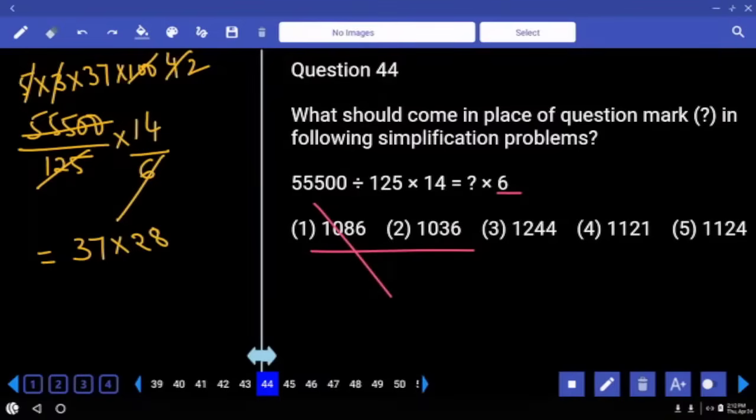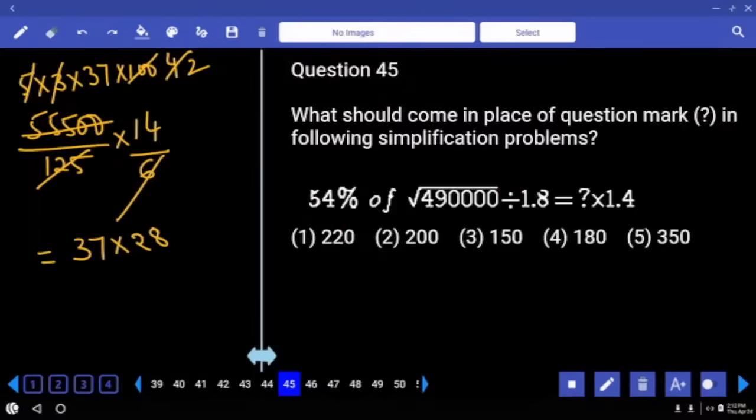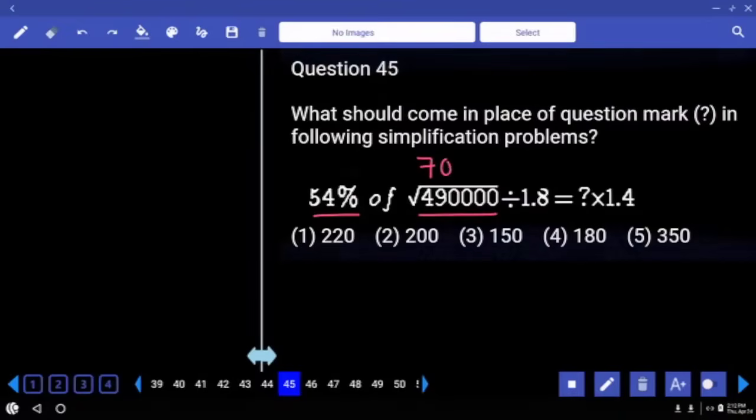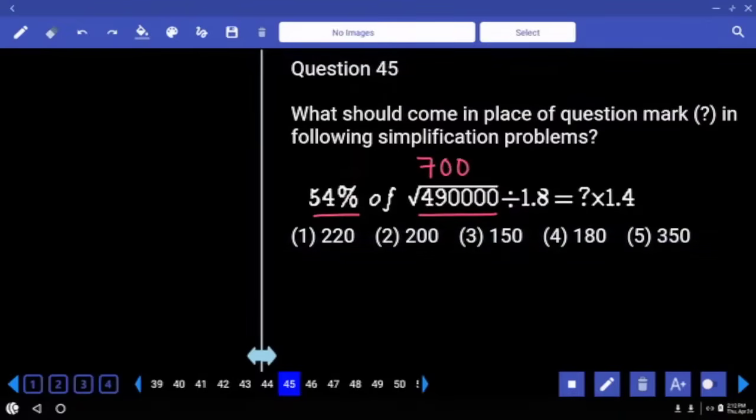Yes? If you take the square root value outside, 49 becomes 7. 4 zeros will become 2 zeros. What is there in the denominator? 1.8. 1.8.